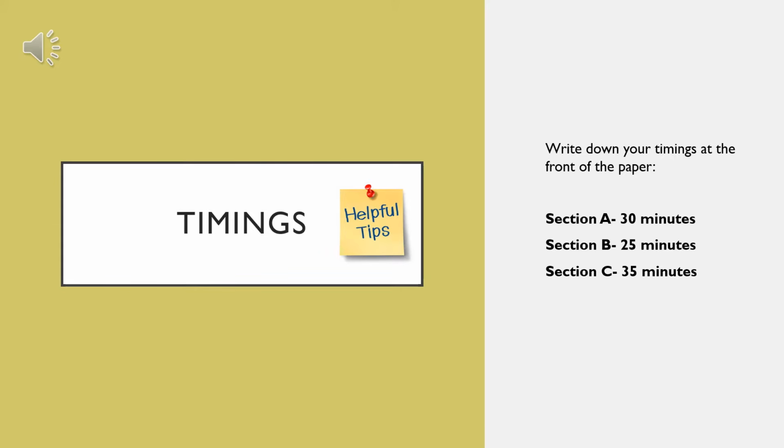The examiners advise you to spend 30 minutes on section A, 25 minutes on section B, and 35 minutes on section C. So my advice is, when you're about to start the paper and that time gets written up on the board by the invigilator, for example, if you're starting at 1 o'clock, make a note on the front of the paper that by 1:30 you need to have finished section A, and by 1:55 you will need to have finished and moved on from section B.